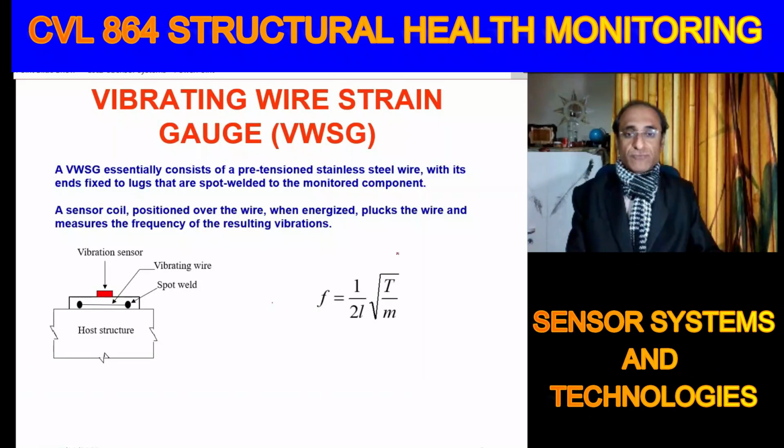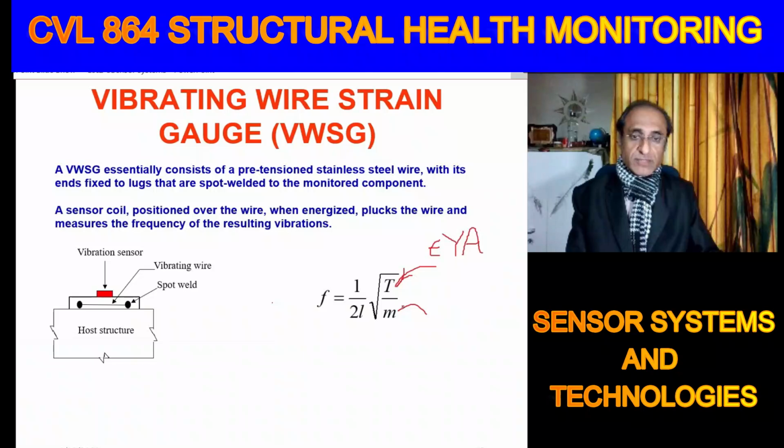So basically we know from physics that the natural frequency of vibration of a pre-tensioned wire is given by this expression. Here T is the tension in the wire, so we can express it in terms of strain: strain multiplied by the Young's modulus gives us the stress, and if you multiply it by the cross-sectional area, that gives us the tensile force.